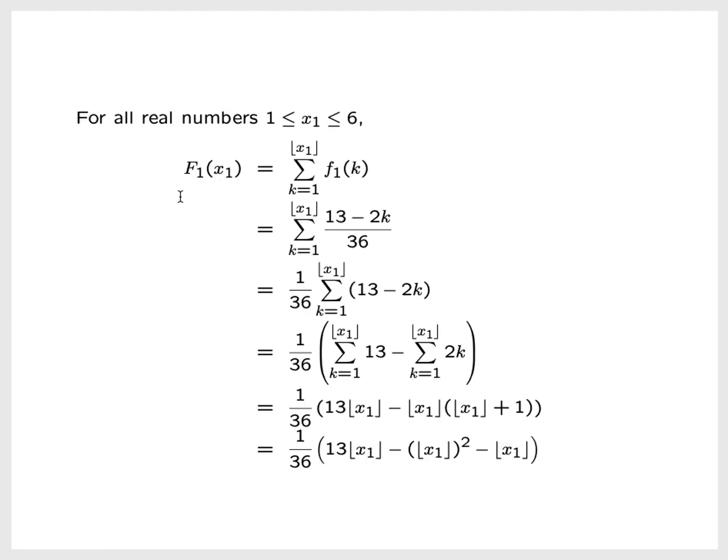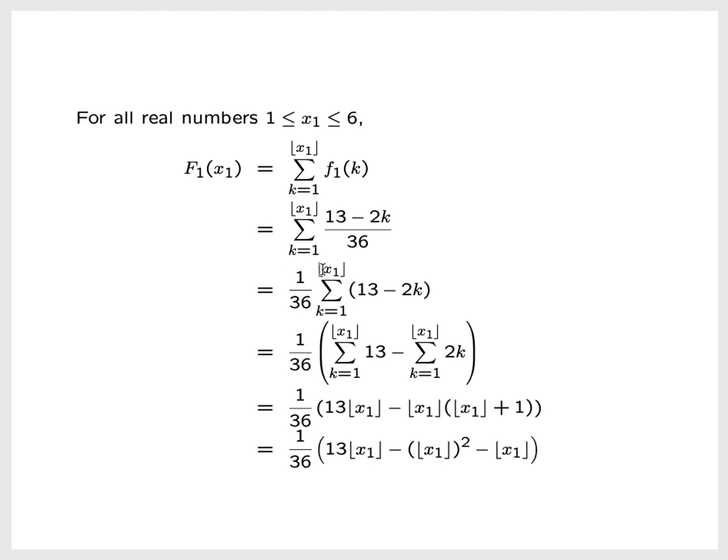Okay, so for real numbers x1 greater than or equal to 1 and less than or equal to 6, the CDF evaluated at such a value of x1 is going to be the sum of the marginal PMF of x1, which we just found, evaluated at what we'll call k here, k going from 1 up to the greatest integer less than or equal to the argument x1.